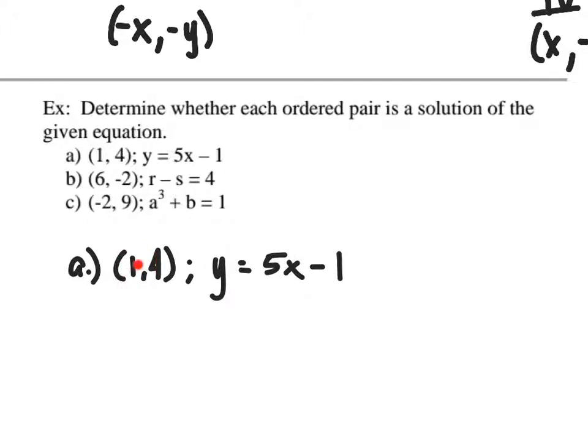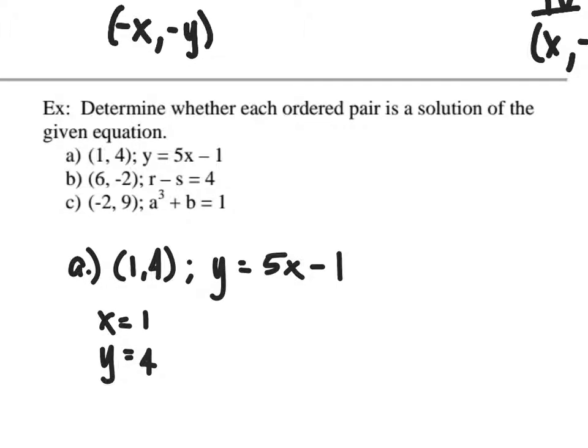When I look at it, I want to identify what my x value is and what my y value is, because my equation is in x and y, okay? Remember, x is always my first value, so I'm going to let x equal 1, and y equal my second value, which is 4. Next I'm going to plug these numbers into the equation and determine: if I plug them in and do the math, do I have a true statement?